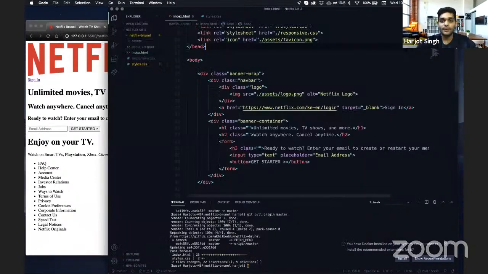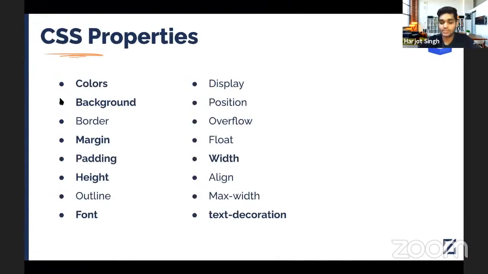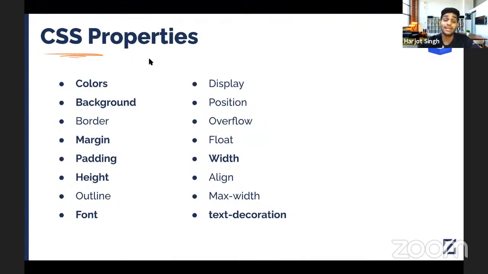Cool. So Akhil just created the divs, the structure of the Netflix landing page, and I'll just go over a few more concepts of CSS before we close off for today, and then we'll continue styling it further, creating the actual landing page in the next workshop. So CSS has multiple properties. As you can see, I actually went over color and font size.